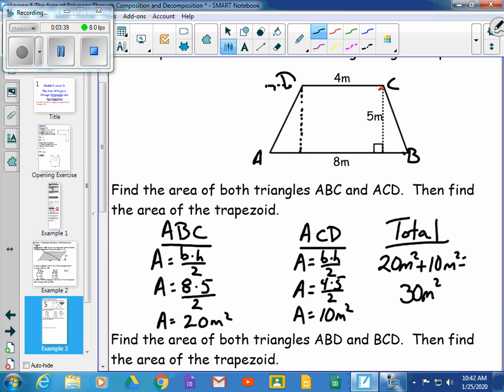Another method might be to draw imaginary lines around the outside like this, making a rectangle, find the area of that rectangle, and then simply subtract away these two outside triangles. However you find it, remember there are more than one way to find areas of complex figures. If one way doesn't work, try another way.